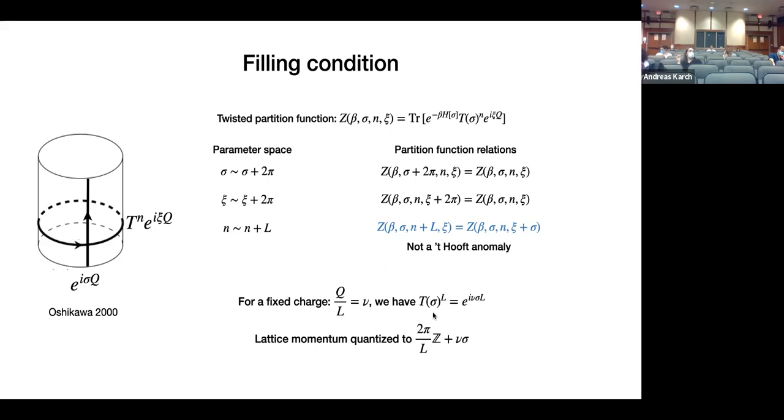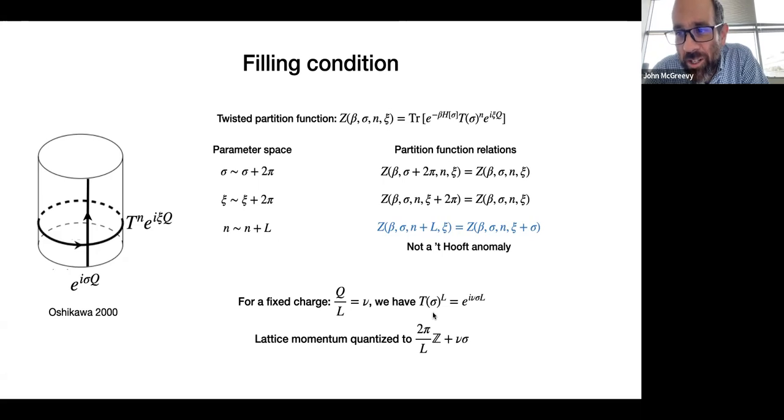So if you fix Q, T^L is a phase factor. For an extensive system, we usually fix a filling. That means the lattice momentum is quantized to integer multiples of 2π over L plus μ times σ. That's the well-known statement from, say, Oshikawa. Then we can track how things change when σ advances by 2π and all that.